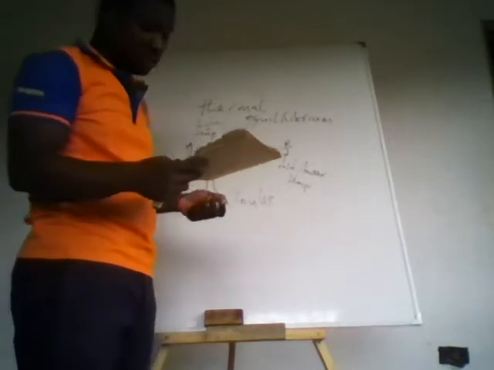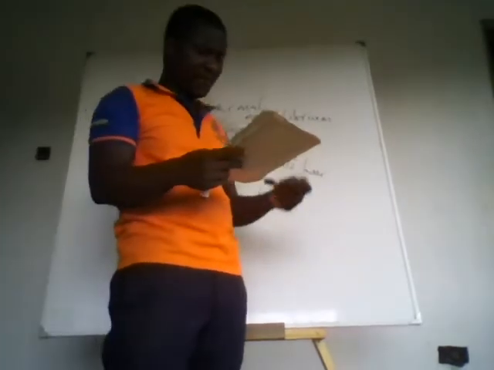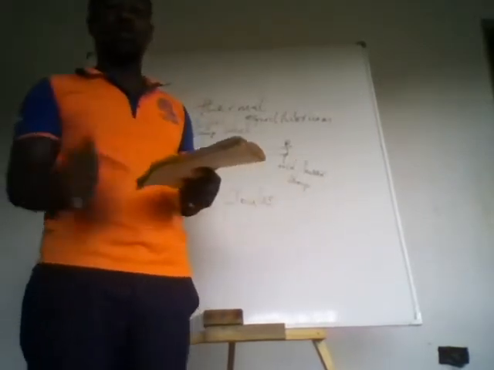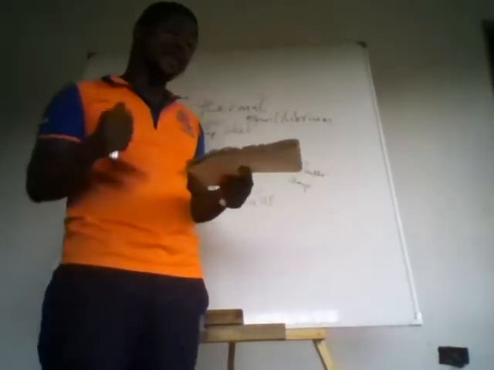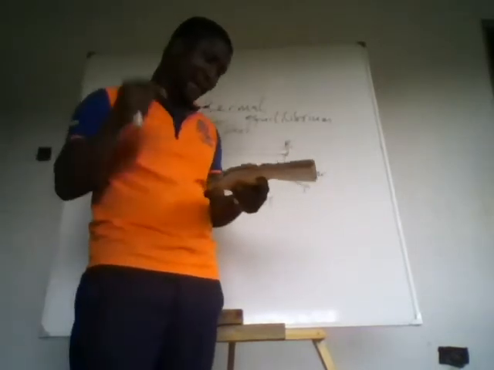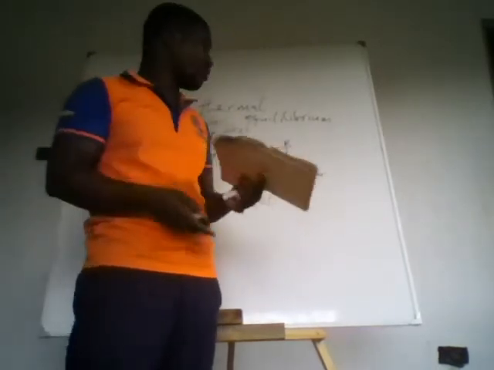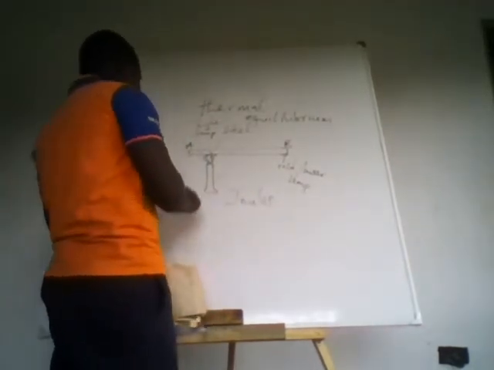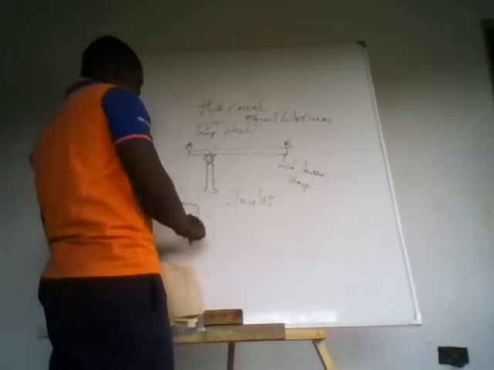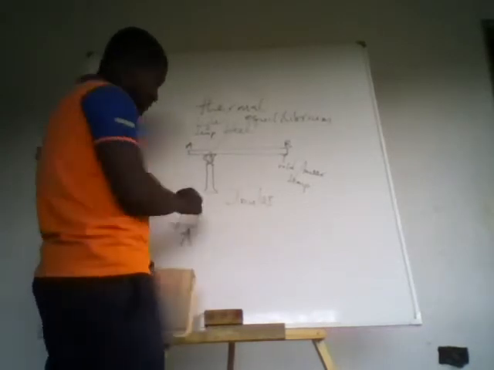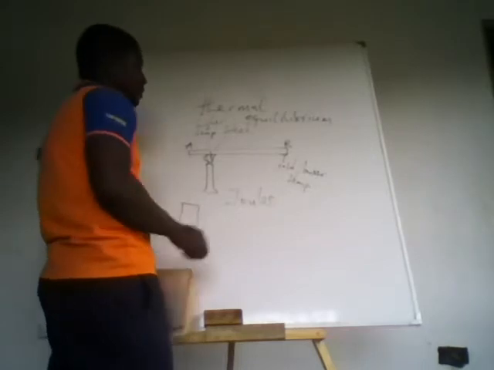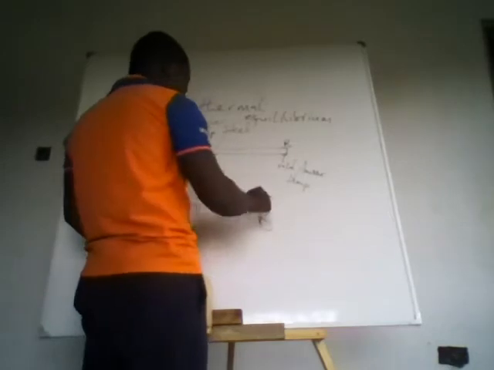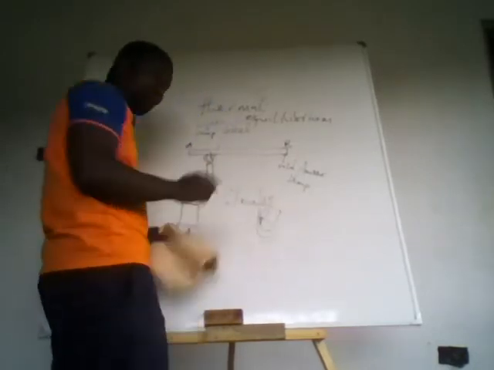So in continuing, we say in effect, heat flows from a hotter point to a relatively colder point of the same body or another body. Let's assume that we are heating a substance at point A. Then there is a substance at point B. They are different bodies.